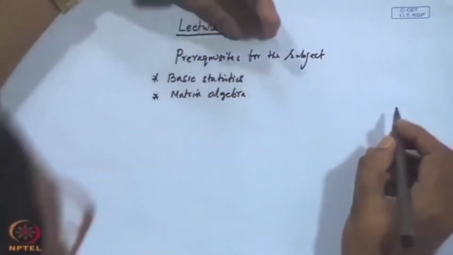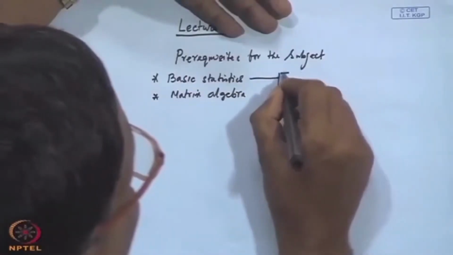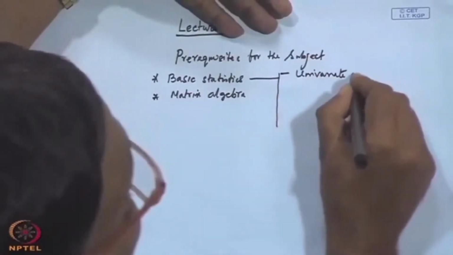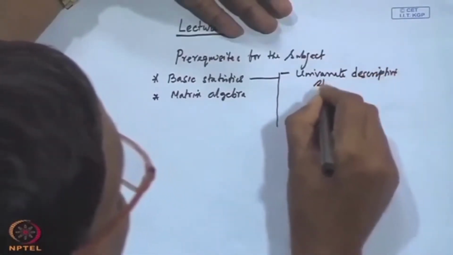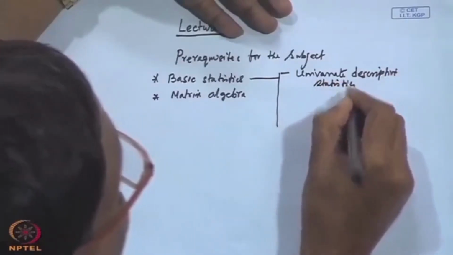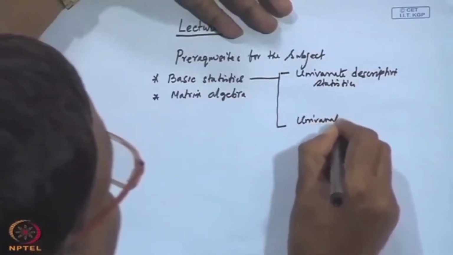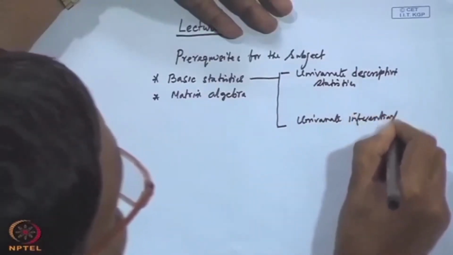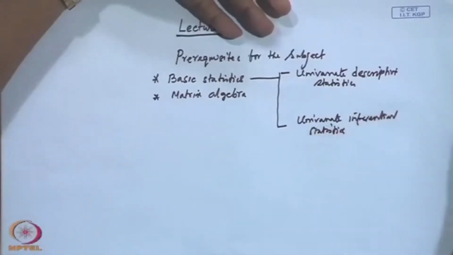Now, under basic statistics, the univariate descriptive statistics and univariate inferential statistics are important.